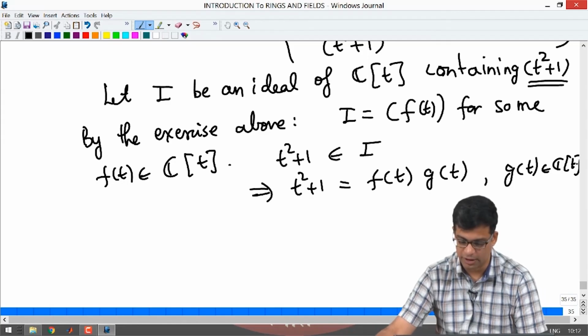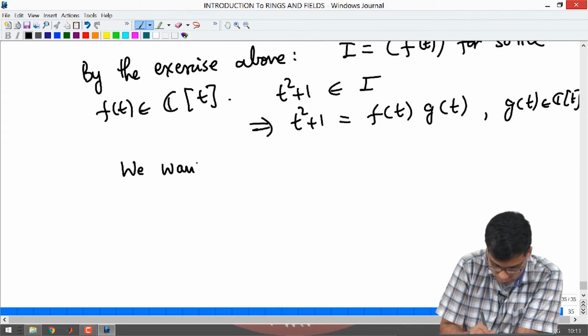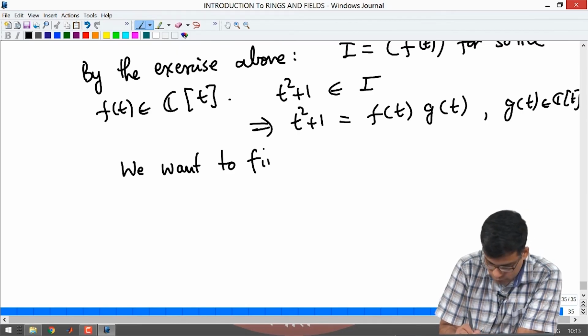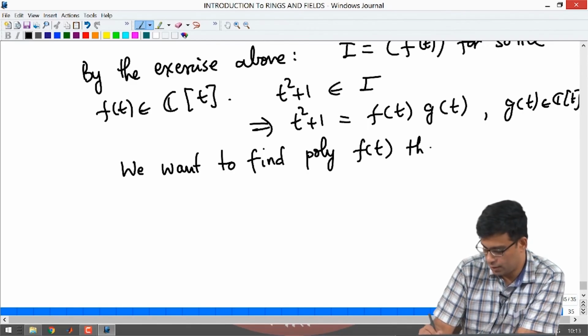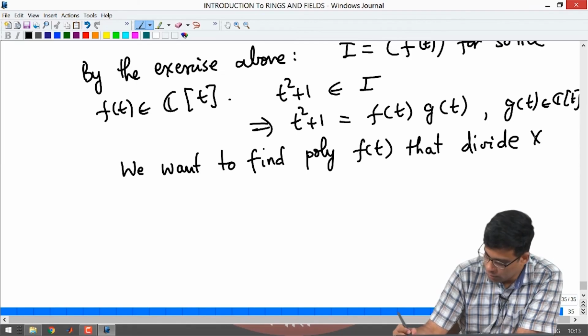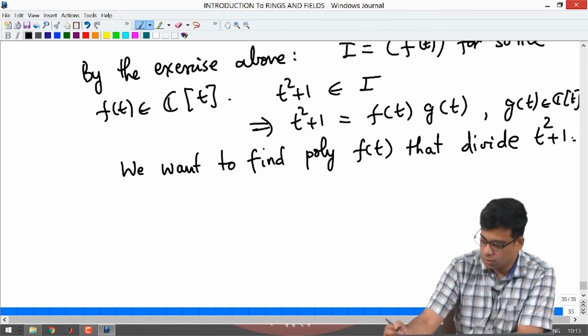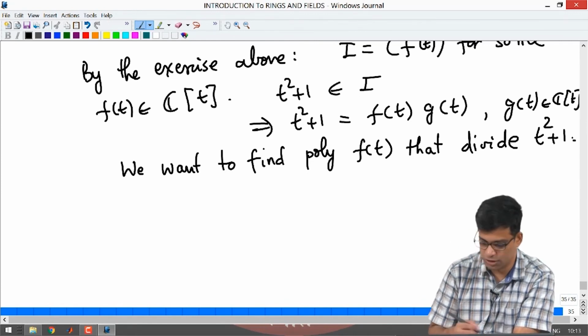What are the polynomials that divide t squared plus 1? So, we want to find polynomials f(t) that divide t squared plus 1. Okay. So, now if you think about this, there are 4 such polynomials.